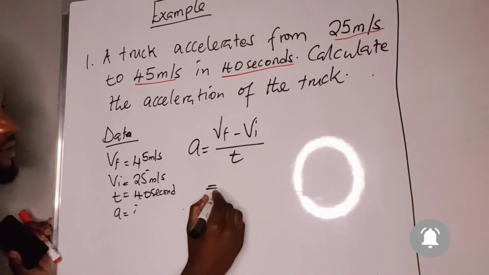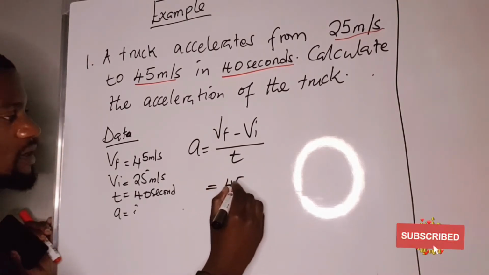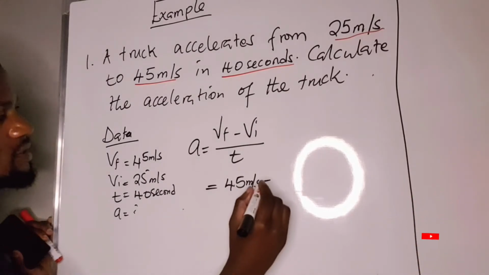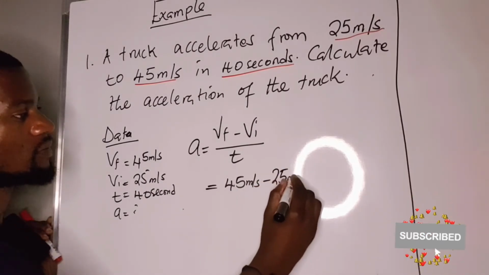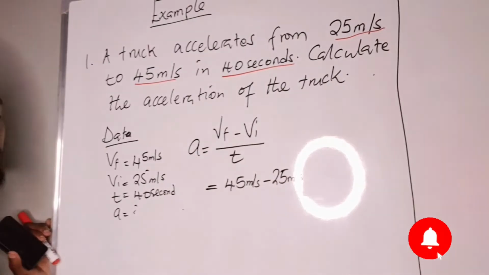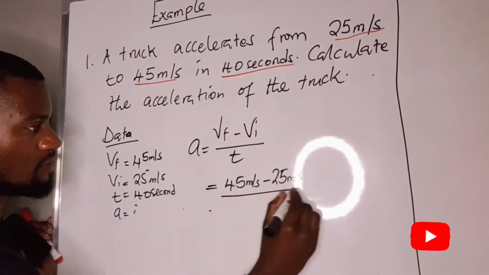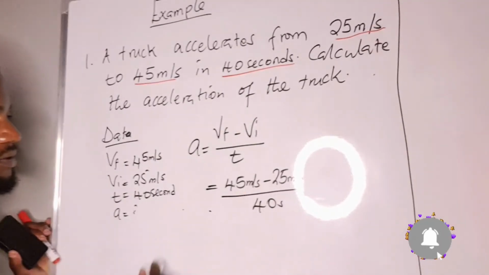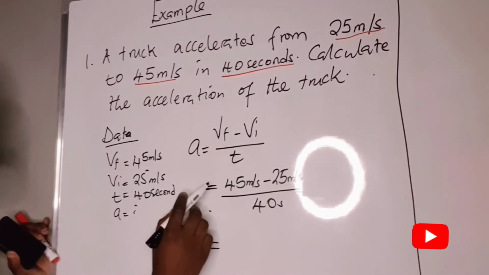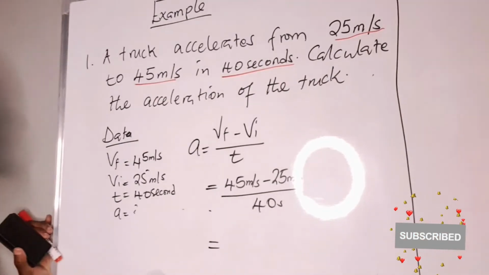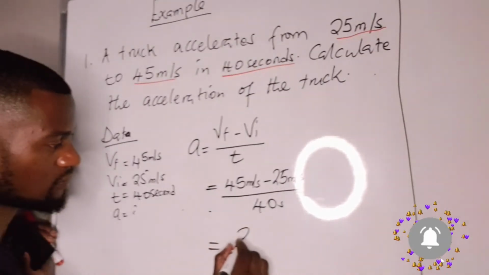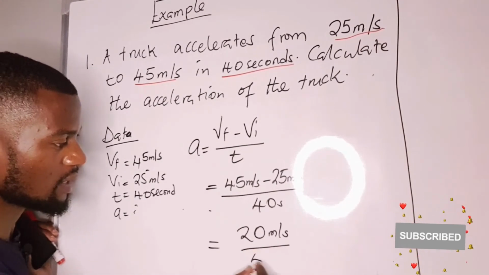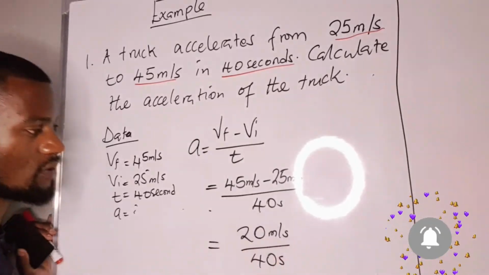So our final velocity there is 45 meters per second minus the initial velocity, which is the 25 meters per second, divided by time taken 40 seconds. So when we say 45 minus 25, we're going to have 20 meters per second divided by 40 seconds.